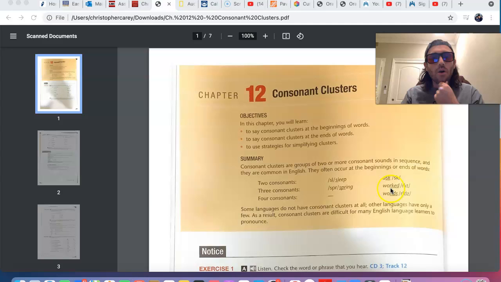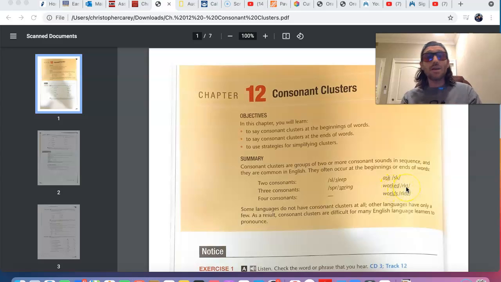So you have R, K, and then remember when ED is preceded by a K consonant sound, ED has a T consonant sound, a T pronunciation. So that's how we get the R, K, T consonant cluster. Worked.